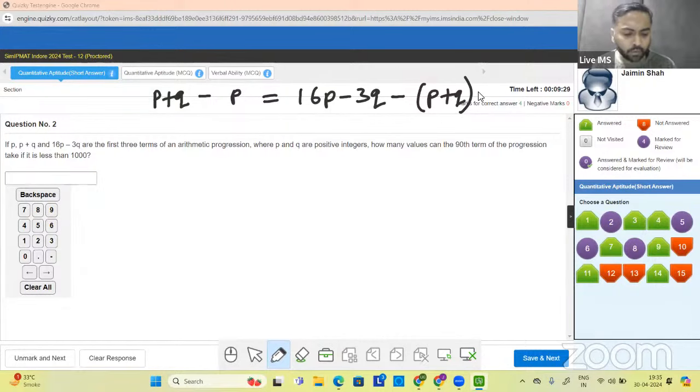The difference of the two consecutive terms should be equal, correct? ठीक है. Where P and Q are the positive integer, how many values can 90th term take?